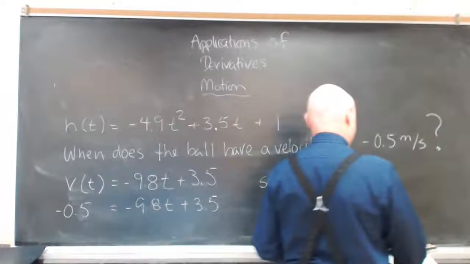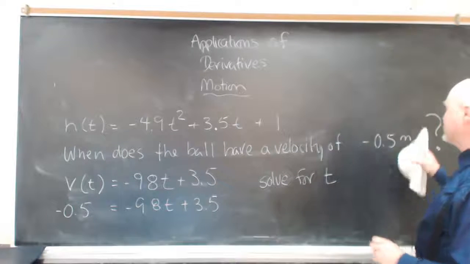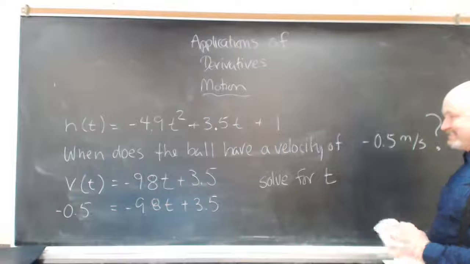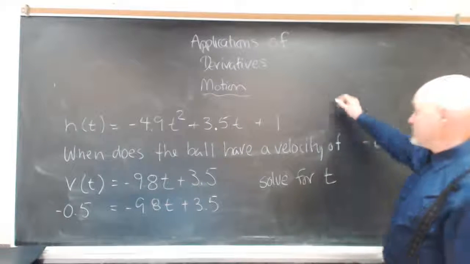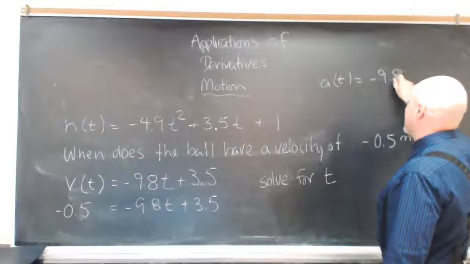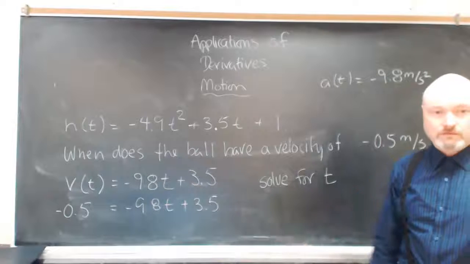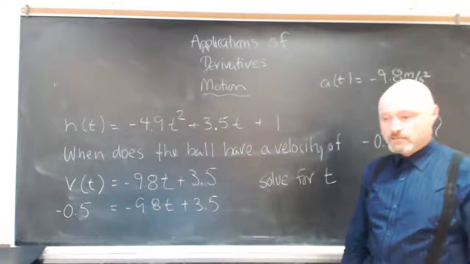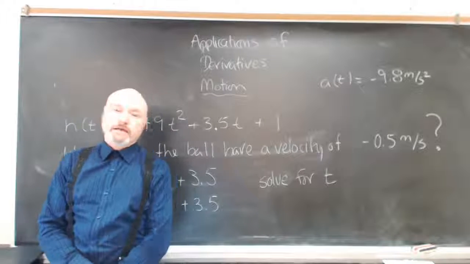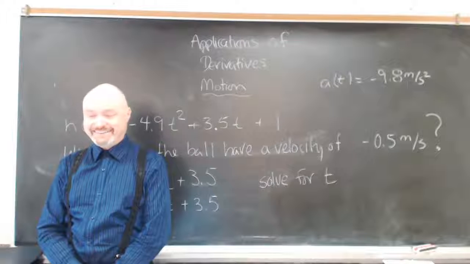Acceleration. I said acceleration. When does it have an acceleration of negative 4? The fact is, the acceleration at any time t is always negative 9.8 meters per second squared. So it doesn't exist. Megan was right, but it was all due to randomness.